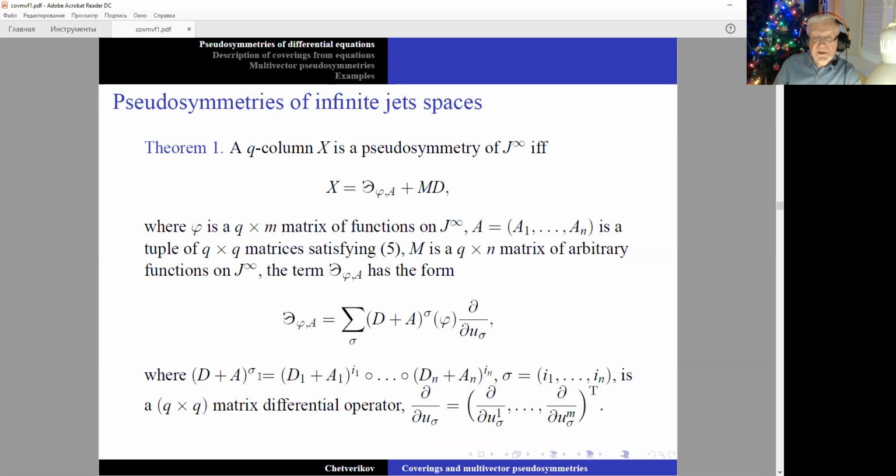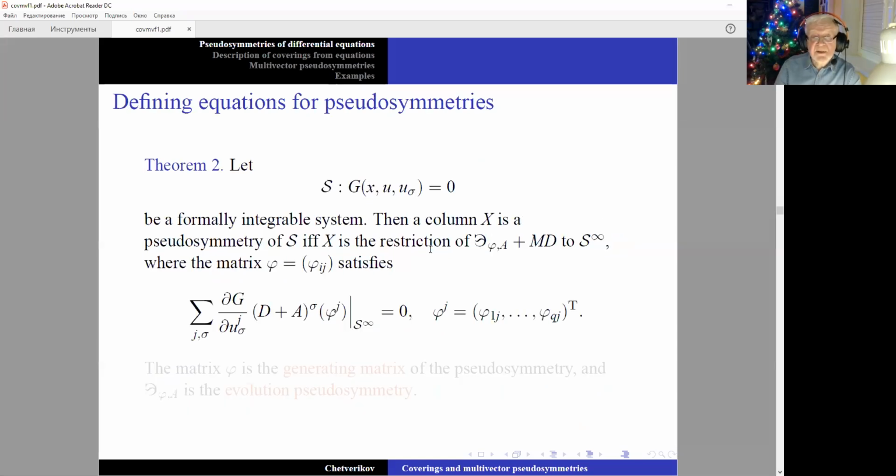D is the column of total derivatives. And the second theorem describes higher pseudosymmetries, symmetries of a system of differential equations of this form.